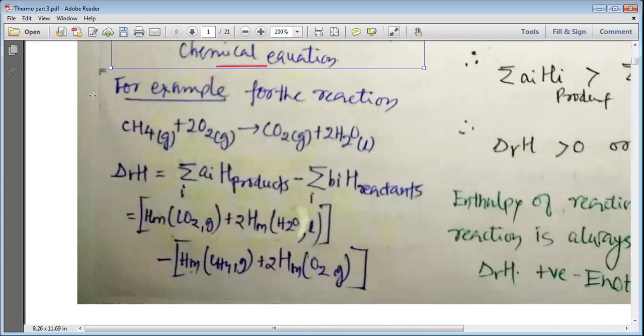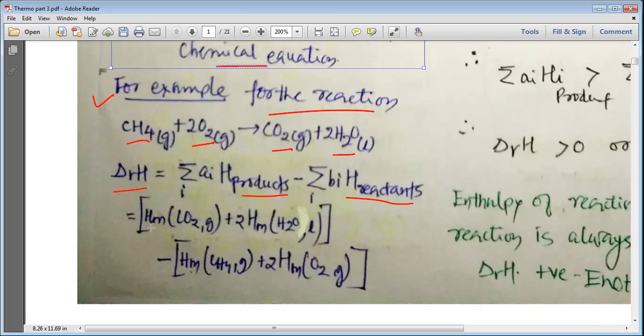For example, consider the reaction CH4 plus 2O2 gives CO2 plus 2H2O. This is the reaction for the combustion of methane gas, which produces carbon dioxide gas and water. The enthalpy of the reaction is the sum of the enthalpies of the products minus the sum of the enthalpies of the reactants.